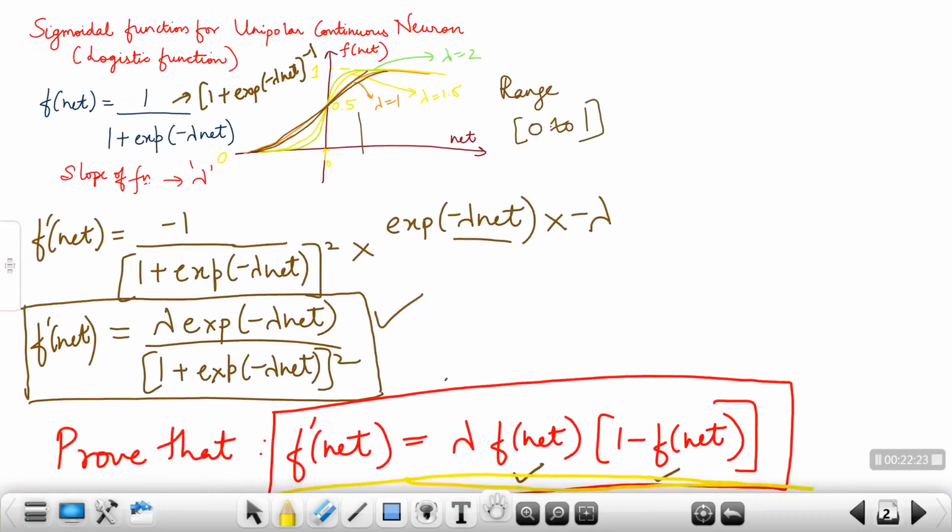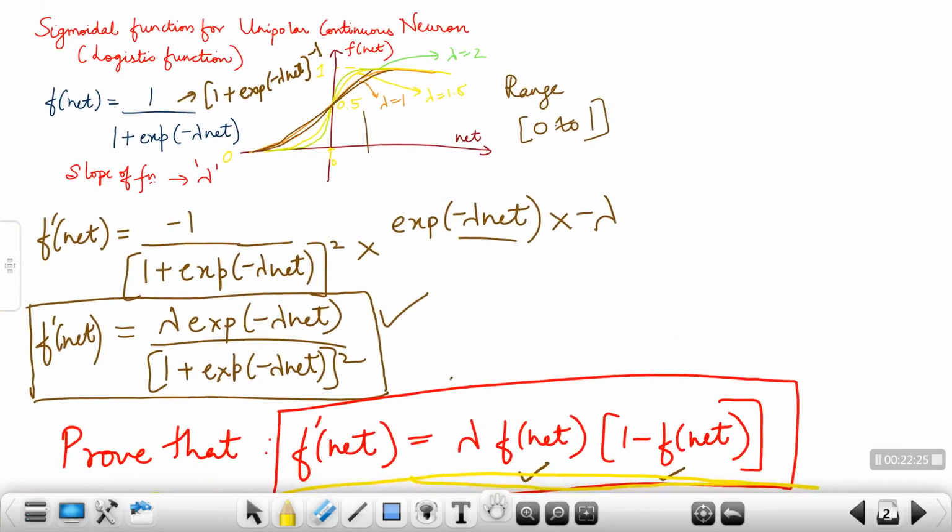And now, what are these points? This particular model is useful where we have to predict the output. So we have to predict the output of a particular function, then it is useful.